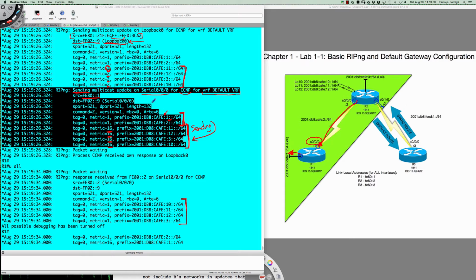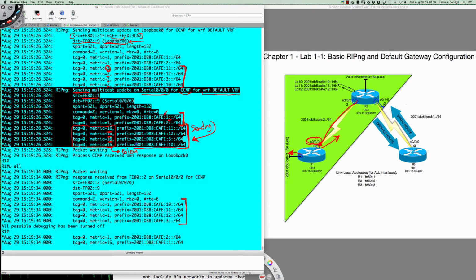And so the metric will be 2, because remember, poison reverse says that if I learn a route from a neighbor through an incoming interface, I'm not going to do what split horizon does, which is suppress it and not send it back this direction. I'm going to send it back in the reverse direction, and I'm going to poison it. I poison it by simply setting the metric to 16.